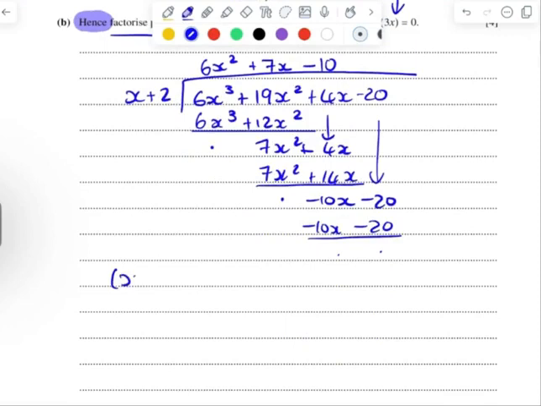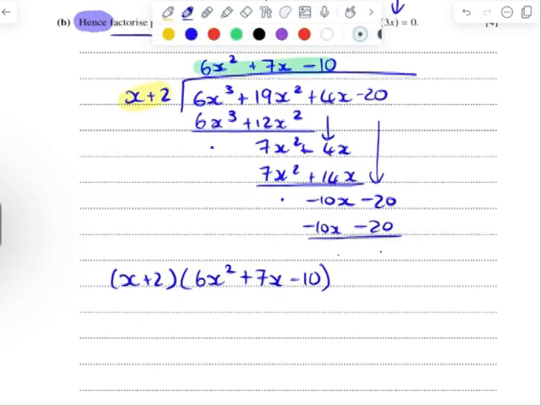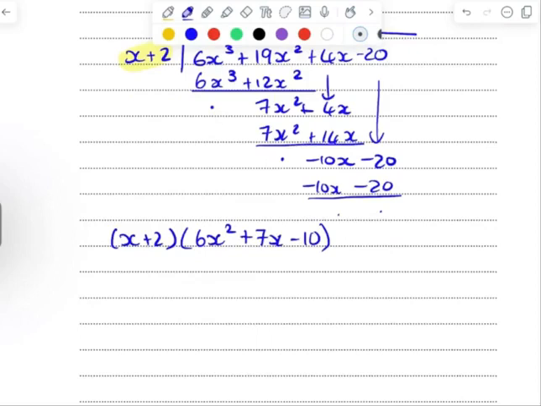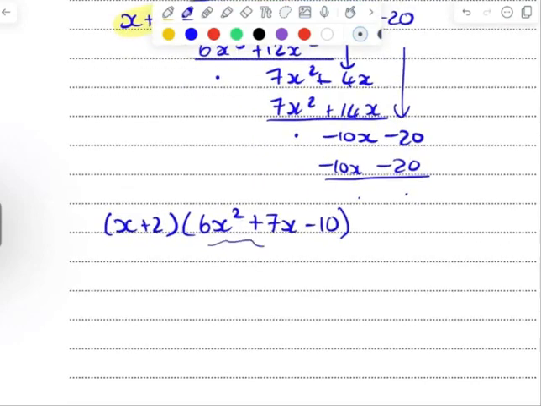So when we factorize our polynomial, we know that we can multiply our quotient by what we divided by, and then what our answer was. If we multiply those two factors together, we're going to end up back at our original polynomial. So we just need to see if this can be factorized further.